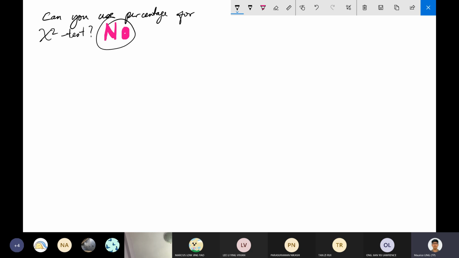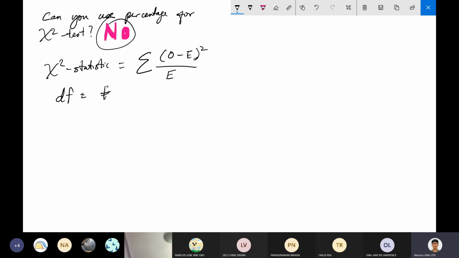If you look at the chi-square statistic, summation of observed minus expected squared, divided by expected, and your degrees of freedom is number of categories minus 1.